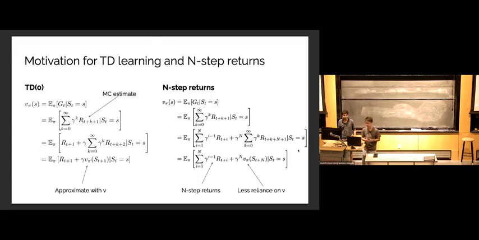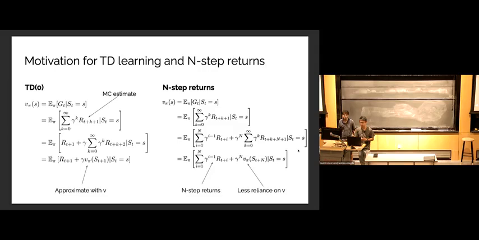The original version of TD is actually using the reward at time step t+1 and using the value function to approximate further returns. However, this one will sometimes be unstable.